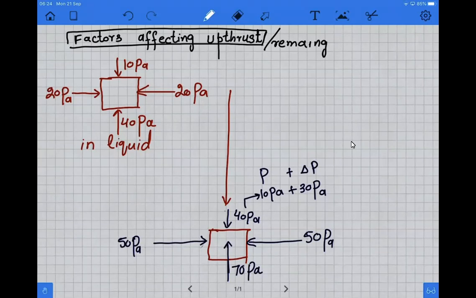Now you see, the increase in pressure on all the sides is the same.